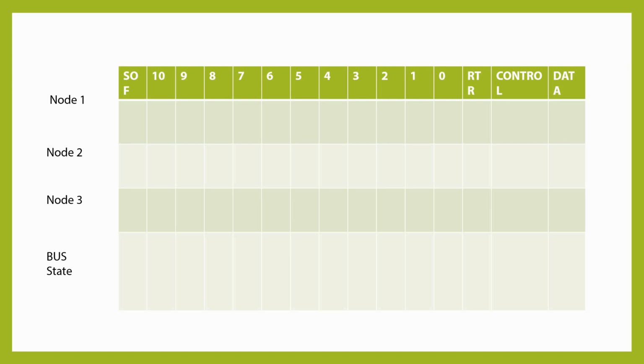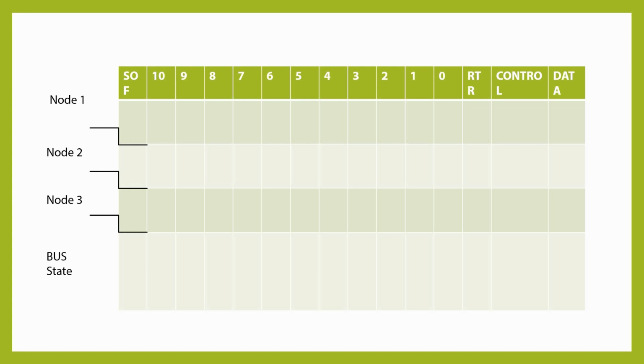The MSB is 10, the LSB is 0. Then we have a bit space called RTR. Then the control, which determines whether you are sending data or trying to receive some particular data from someone. Then the actual data, the message that you're sending to the bus. So we'll see. Let's start.